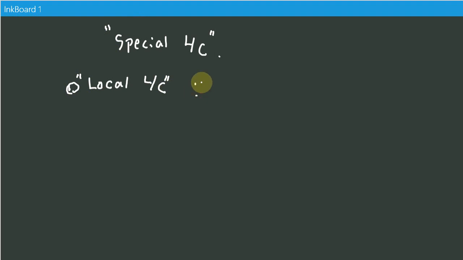Local LC is an LC issued by a local bank, meaning that it is issued on the basis of the master LC, the original LC.